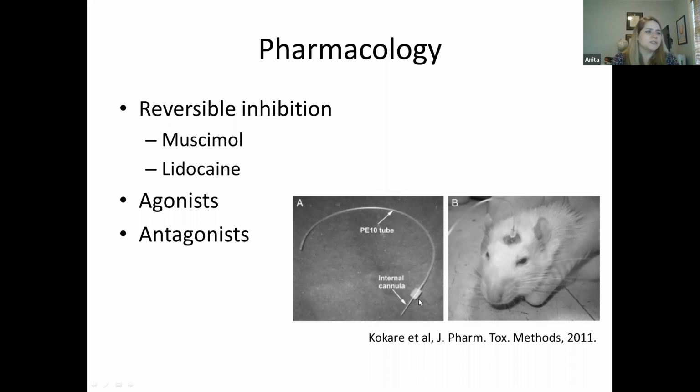I couldn't find a reference for it either, but I've also heard that when you have a guide cannula, you can get a bunch of scar tissue formed at the end of the guide cannula. And so when you're trying to do a drug infusion, the day before you're doing your drug, which also you need to do, your vehicle as well as your drug infusion, you should insert the internal cannula, and it should have a projection length so that it punctures that scar tissue, because just simply the act of puncturing that scar tissue can already have a behavioral effect.